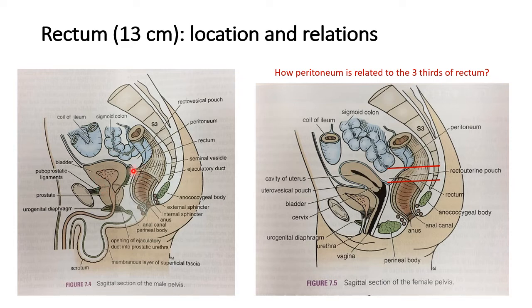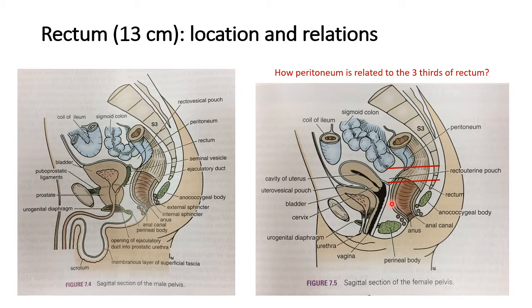If we go more inferiorly, in the male there will be the urinary bladder with the seminal vesicles and end of vas deferens. If we go even further down, it will be related to the prostate. So prostate, seminal vesicle, vas deferens, and the bladder are anteriorly related to the rectum in males.